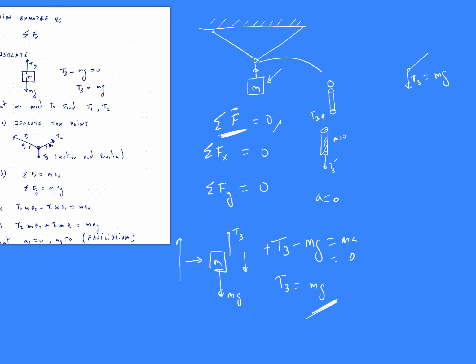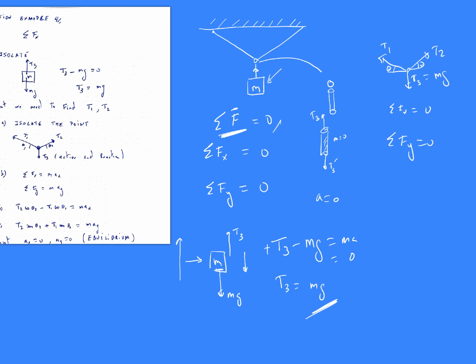I have T1 or T2, let me see, T2. I have this angle theta, and I have T1. I might have to impose the condition now that the sum of all the forces in the x direction equals 0, and the sum of all the forces in the y direction equals 0. So it's now more a problem on vectors.